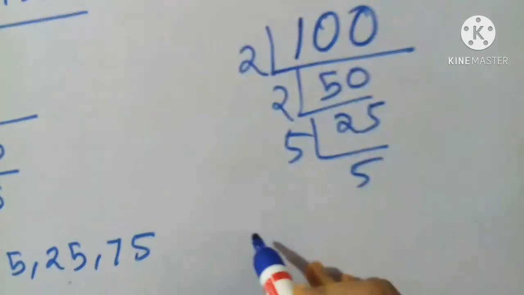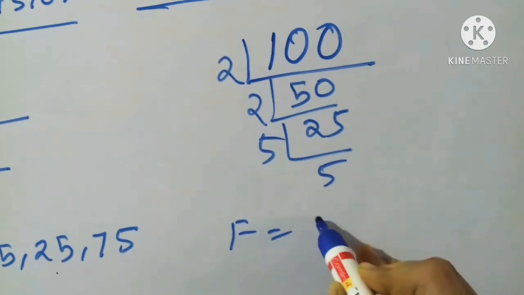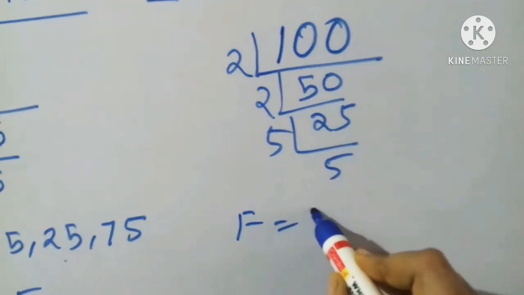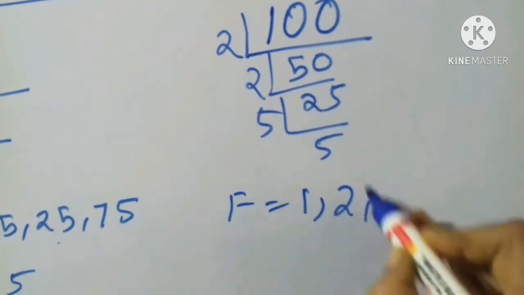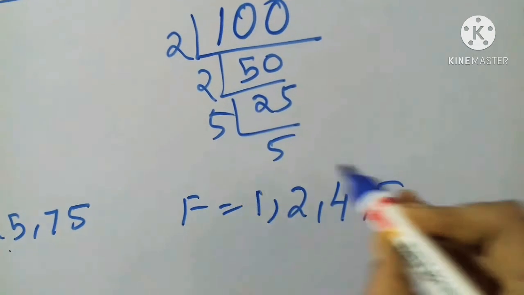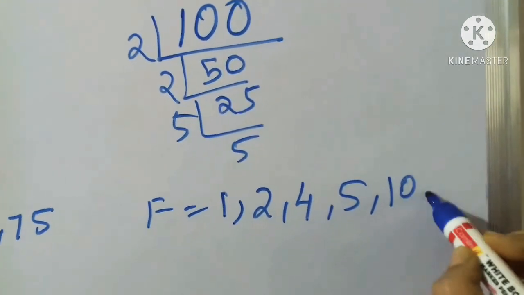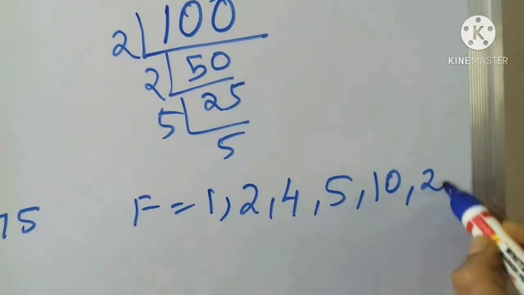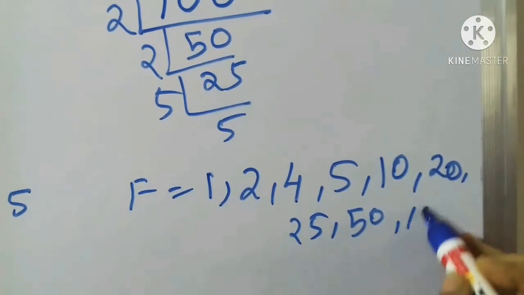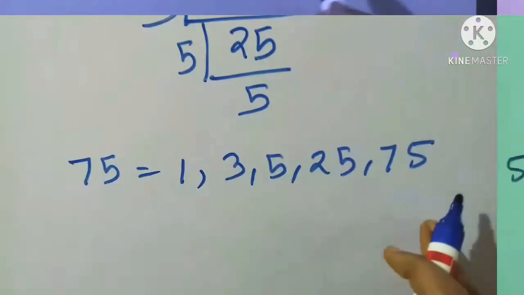So all the factors of 100 will be all the combinations we have to take here: 1, 2, 2 2s are 4, 5, 5 2s are 10, 10 2s are 20, 25, 50 and 100. These are all the factors.